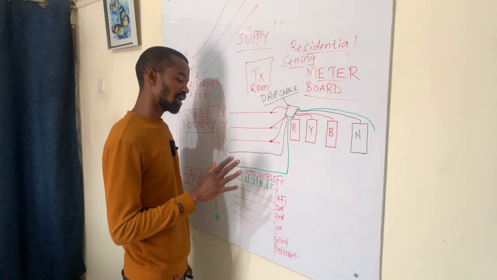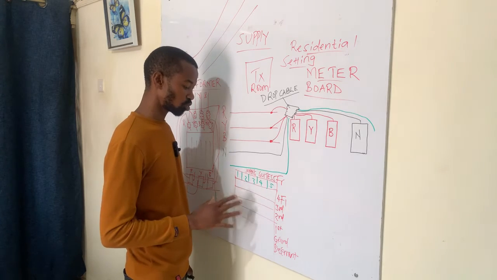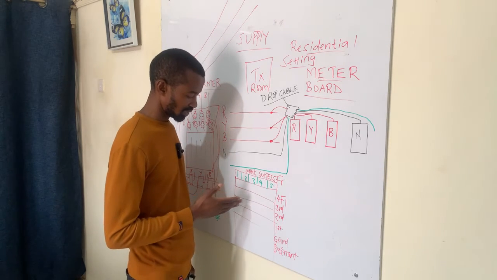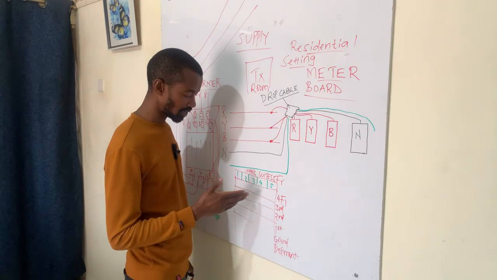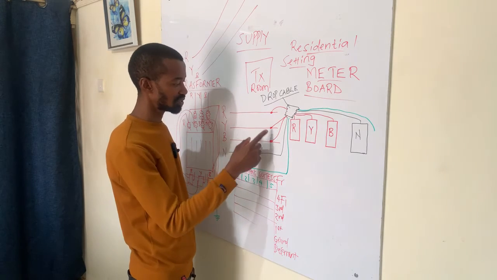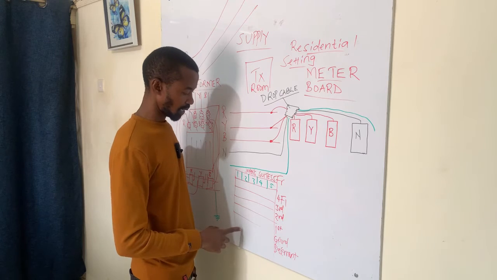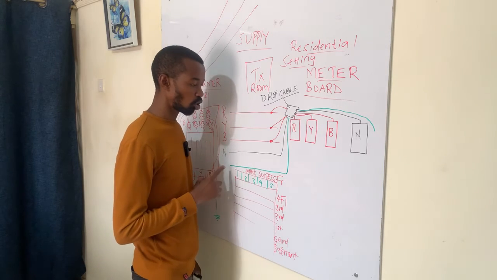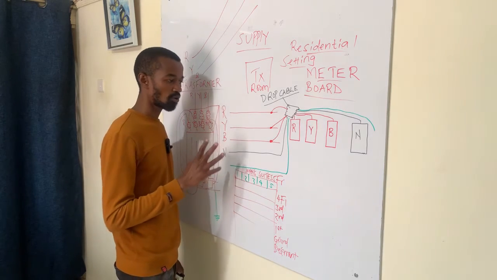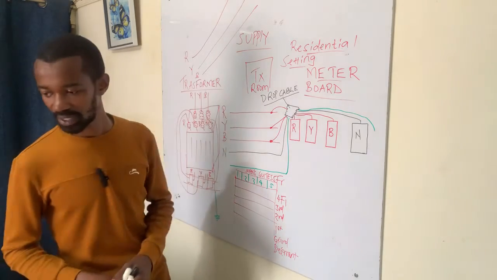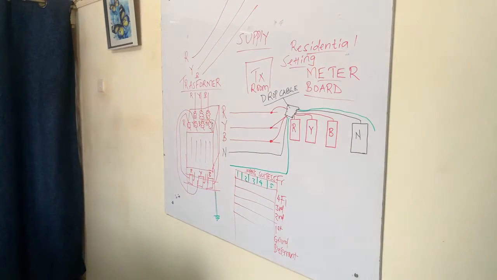Now, this is a 3-phase distribution. How do we ensure that this apartment is fed with this 3-phase distribution system, and we do not overload a single phase or a specific phase? Because how many units are those?